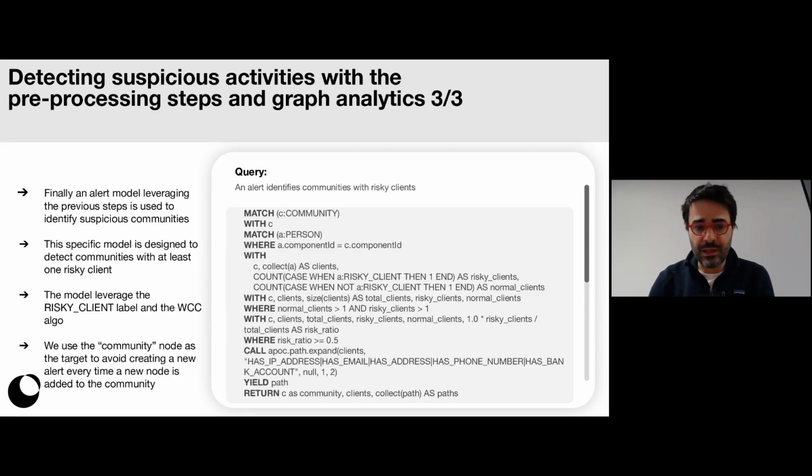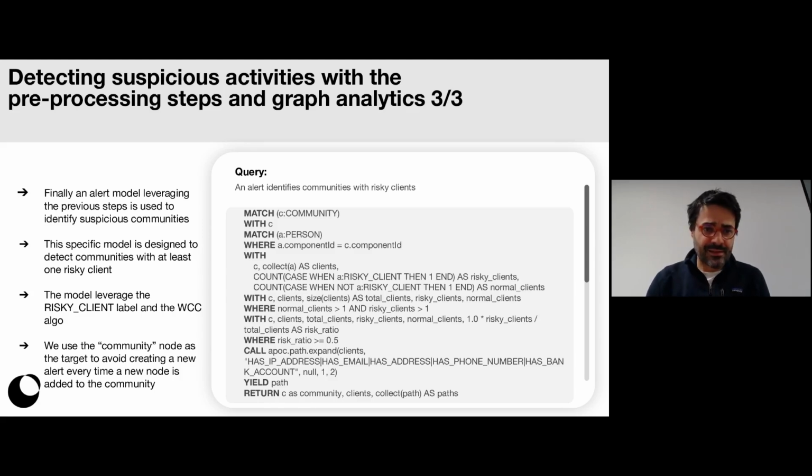When we have a particular ratio of risky clients within the community, then we are creating a match and generating an alert. Please note that here we are using the community as the target of the alert, and that helps avoid creating a new alert every time a new node is added to the community, and as a result makes sure that the alerts are very relevant.